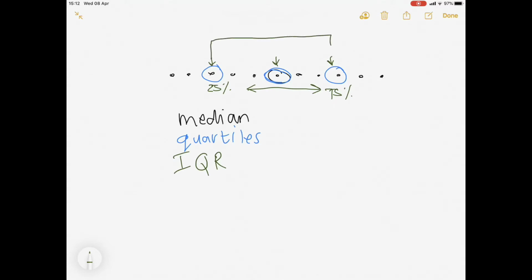In other words, your interquartile range lies between your third and your first quartile. It is your third quartile less your first quartile.